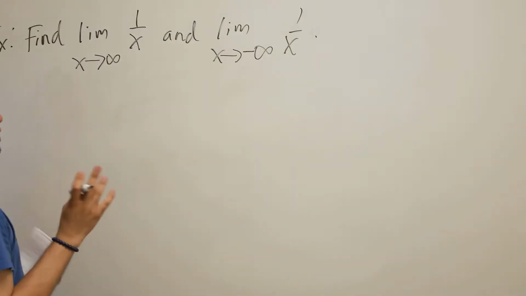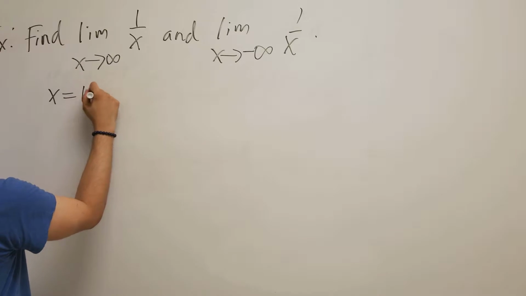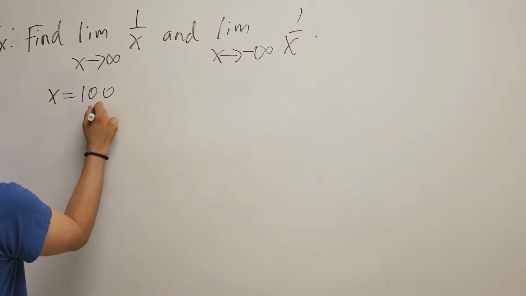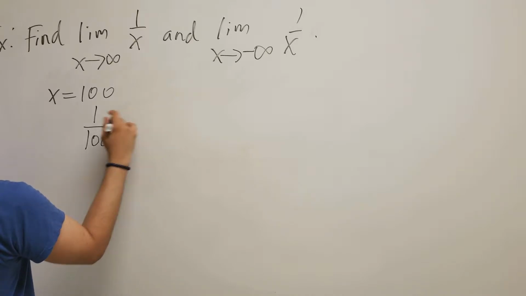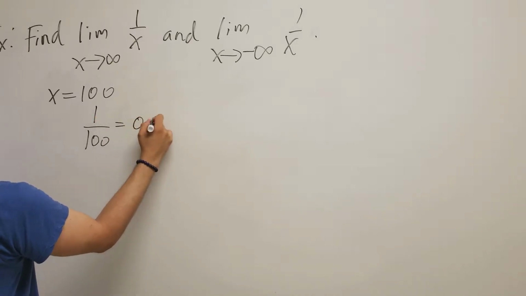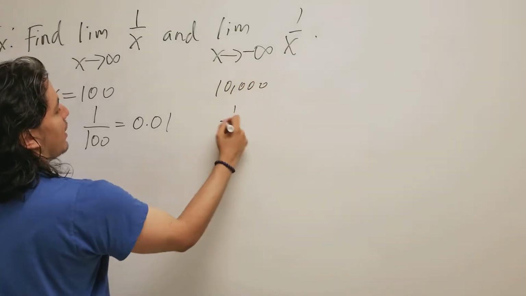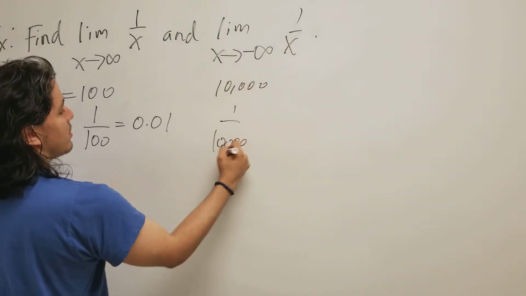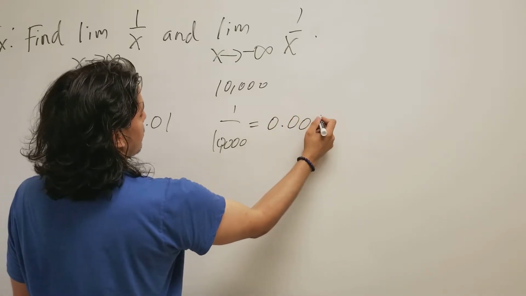So first off, let's start by taking some values. Let's say x is equal to 100. 1 over 100 is the same as 0.01. And if I do 10,000, I get 1 over 10,000, which becomes 0.0001.